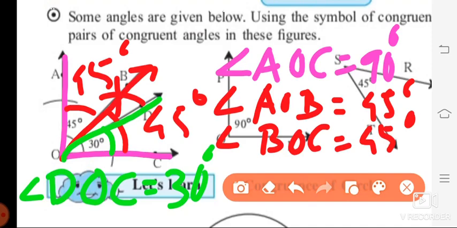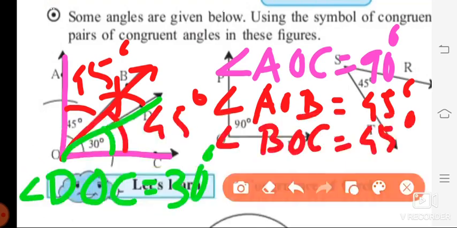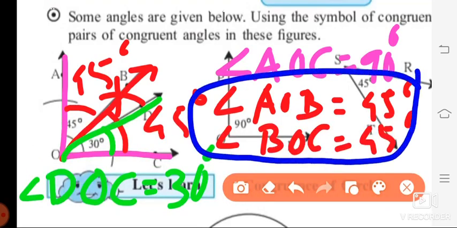So what is our question? To find out pairs of congruent angles. In this only, are you getting one pair which is congruent? See here, this is the congruent pair. Yes or no? Because its measurement is the same. So can we write the first congruent pair as angle AOB congruent to angle BOC?